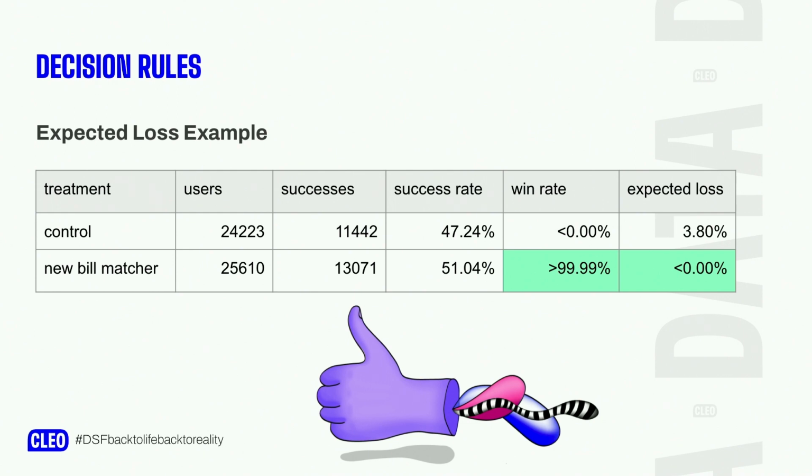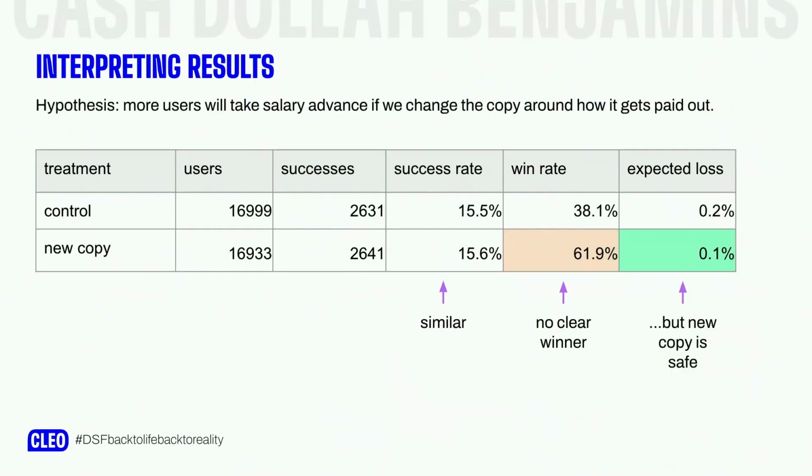And in this case, it was very clear, more than 99% win rate, very low expected loss. It shouldn't say less than 0, it should say less than 0.1, but the tabling framework that we use tends to round things down in a way that's not very Bayesian, but that's what it means. So very low expected loss. We're safe to go with this.